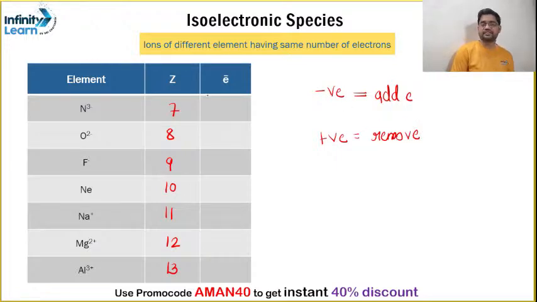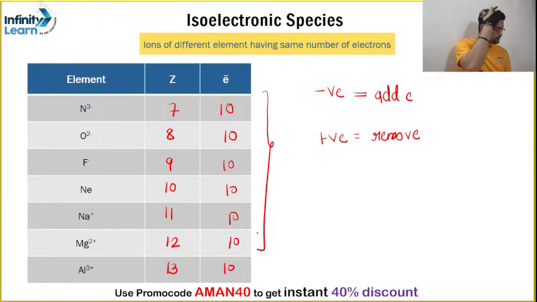Negative charge 3: 7 plus 3 is 10. 2 negative charge, 10. 1 negative charge, 10. No charge, 10. 1 positive charge, electron removed, 10. 2 positive charge, 10. That means they are all isoelectronic to each other.